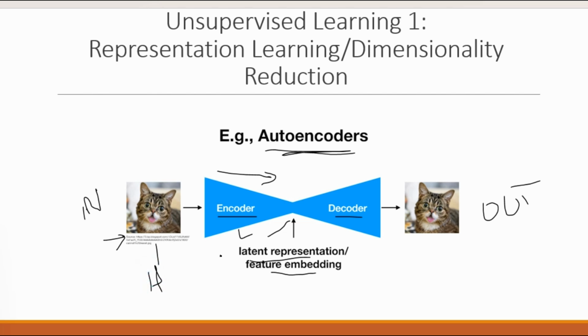So you can think of each pixel in the image as a feature. So if we have, let's say, 100 times 100 pixels, we have 100,000 features as the input. So in that way, it's a very high dimensional input.